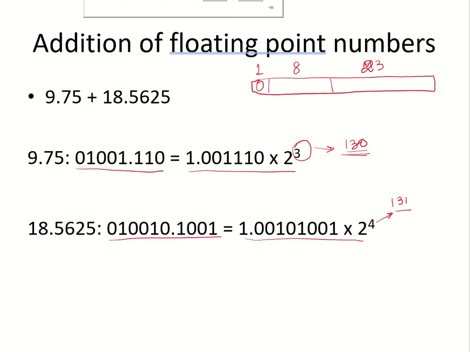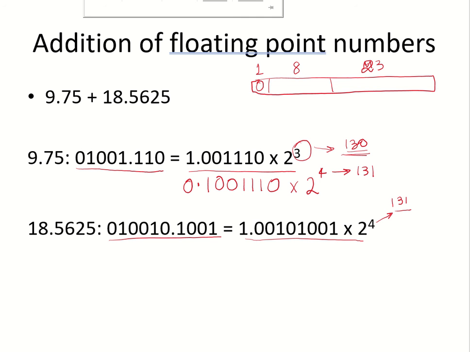There is a difference of 1 in the exponents, so we will shift the mantissa by 1 bit. So the new mantissa would be 0.1001110 into 2 to the power of 4, and this would actually be 131 in excess 127 representation.